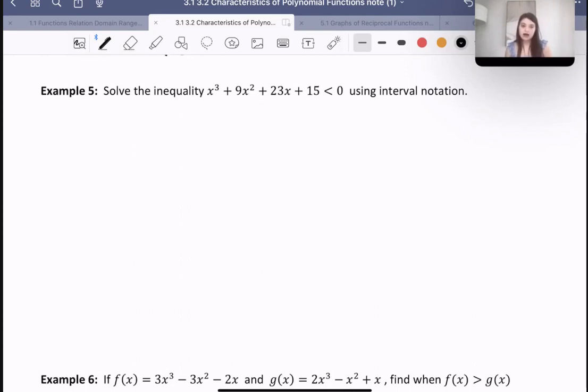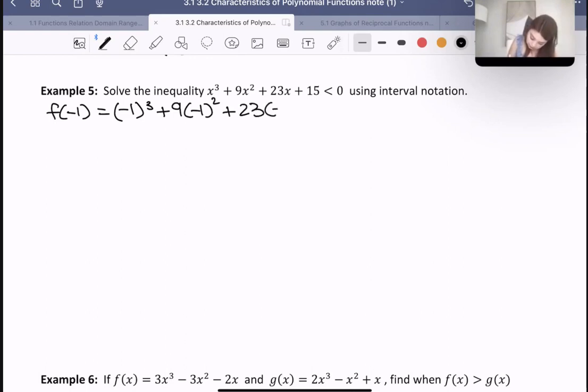So f of negative 1 I think would work. Yeah, because 1 wouldn't work. These are all positive, but I think f of negative 1 might work. So let's try it. F of negative 1 is negative 1 cubed, and then we have plus 9 times negative 1 squared plus 23 times negative 1 plus 15.